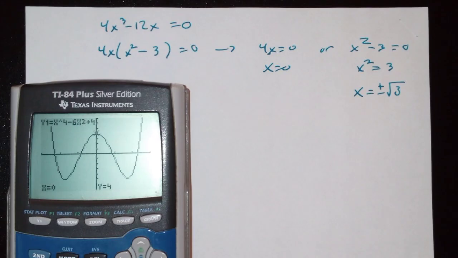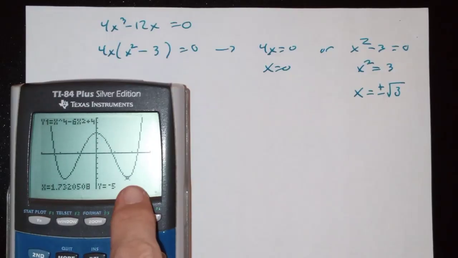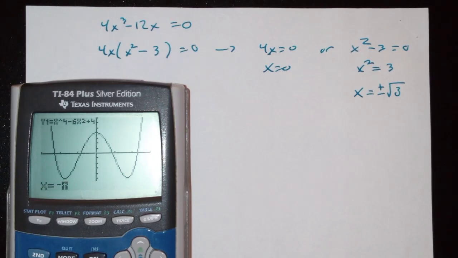If I type in the square root of 3, I can type it in just like that. Again, I think I'm there where a tangent line is horizontal. And if I do negative square root of 3, I see the same thing. Looks like I found all the right places.